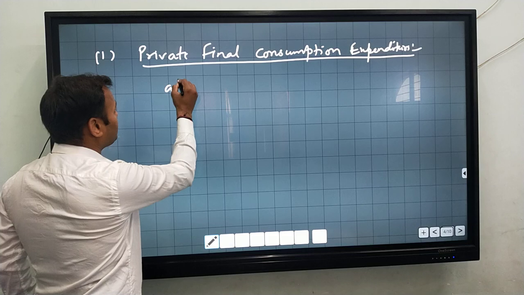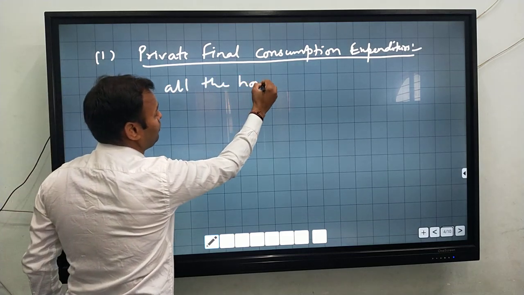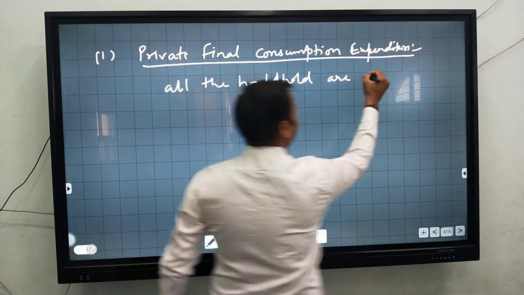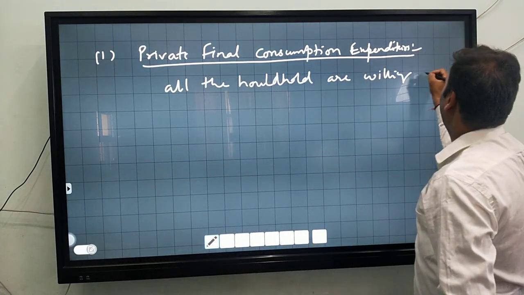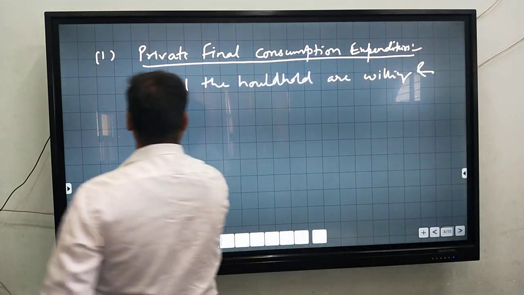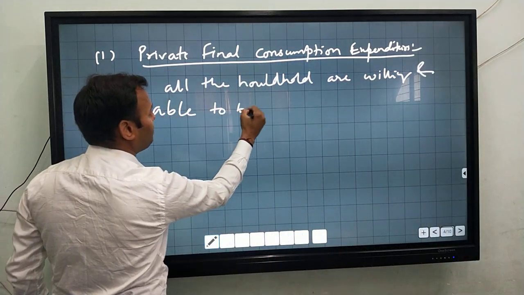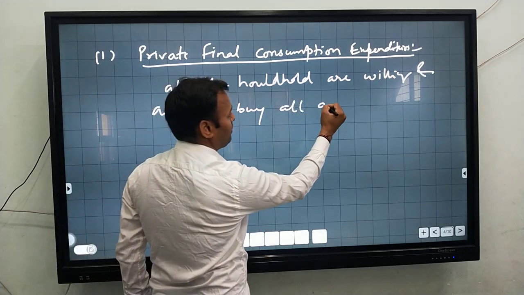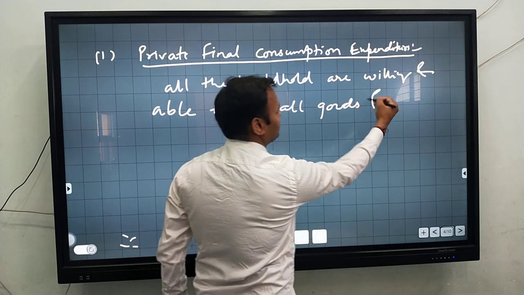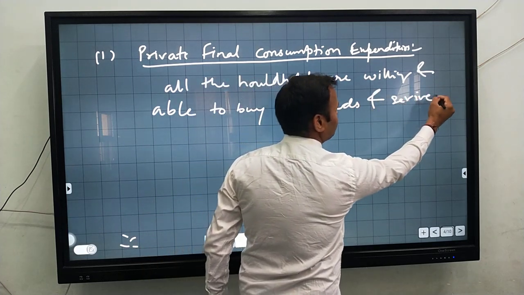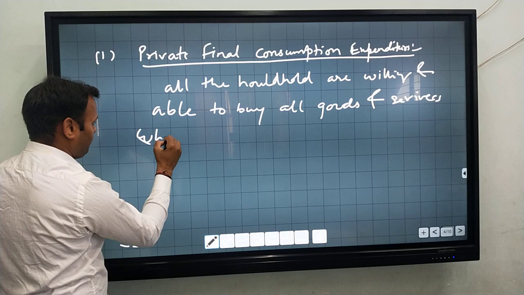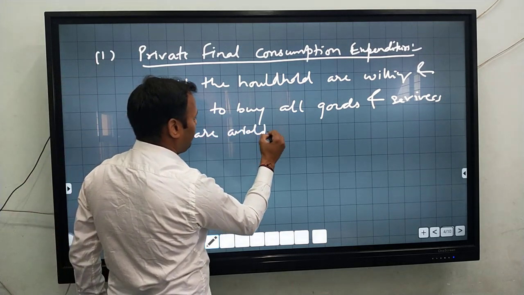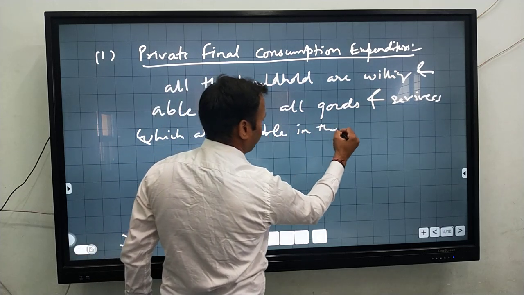It means all the households are willing and able to buy all goods and services which are available in the economy.